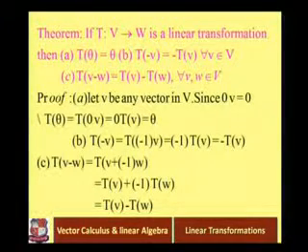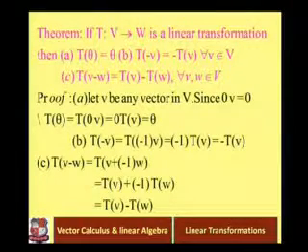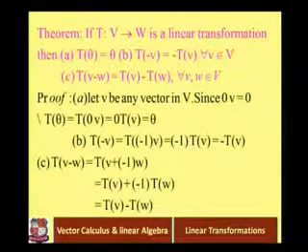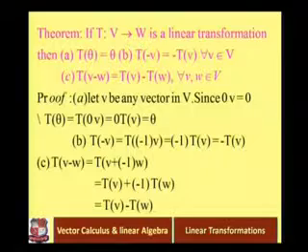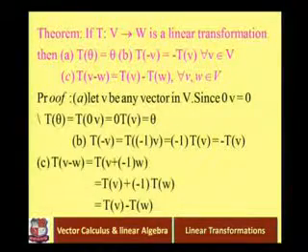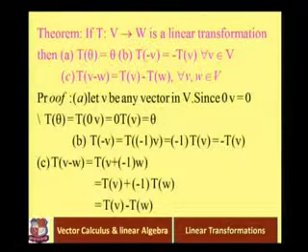So here is the proof. We first prove that, let v be any vector in vector space V. Then 0 into v is equal to theta. So T of theta is equal to T of 0 into v.